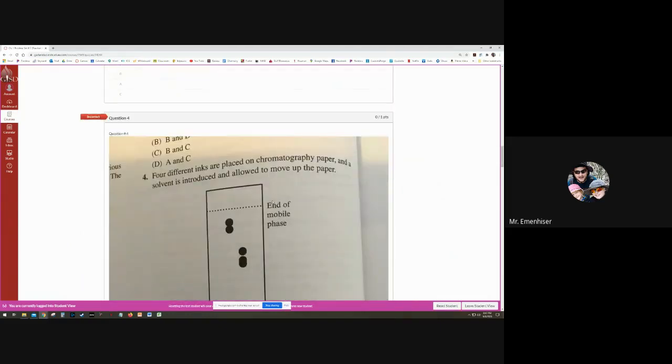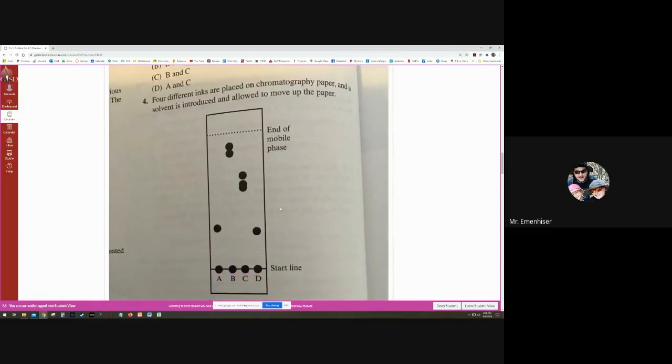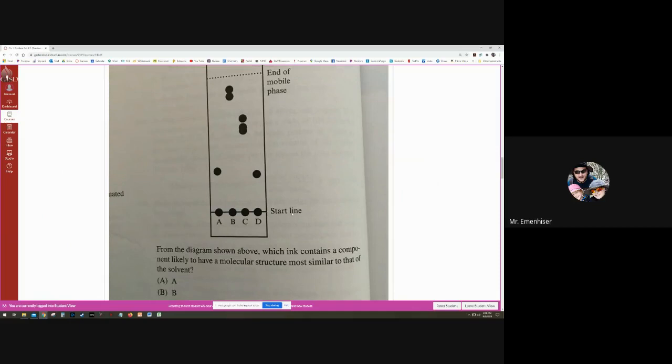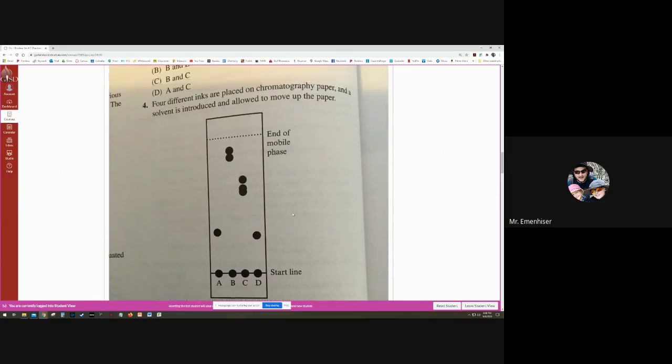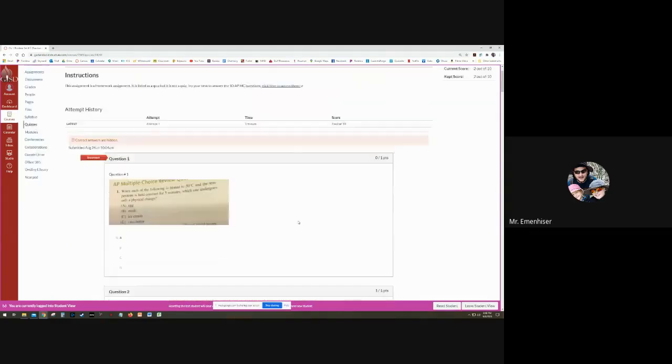Incorrect. Most likely to the solvent. This one I'm not sure off the top of my head. Maybe I can look at my answer key somewhere.